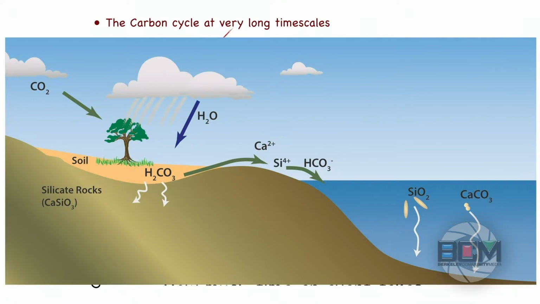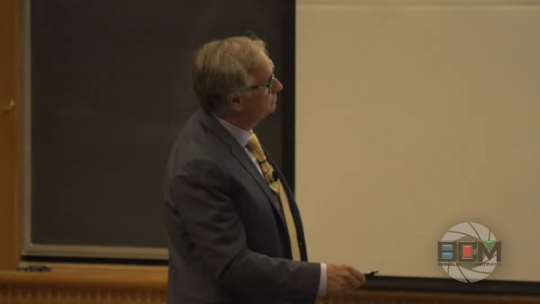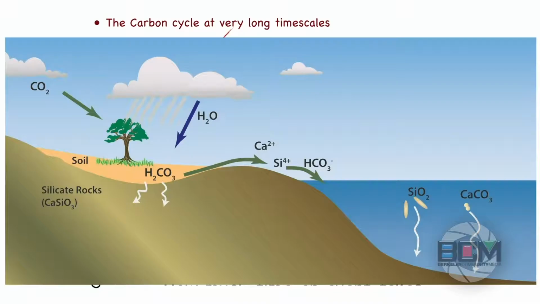But it starts with rain and CO2 in the atmosphere producing carbonic acid, not unlike the soda stream that you have in your home and the soda that I was so kindly given today. So that carbonic acid then dissolves rock and delivers to the ocean bicarbonate, calcium and silicon ions, which are taken up by plants, and they sink to the bottom.